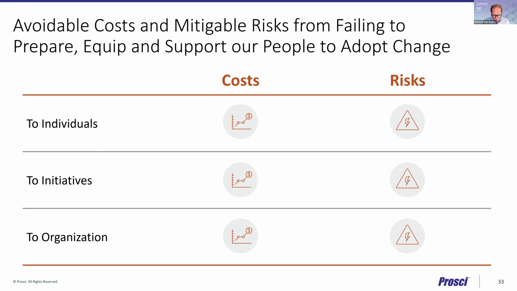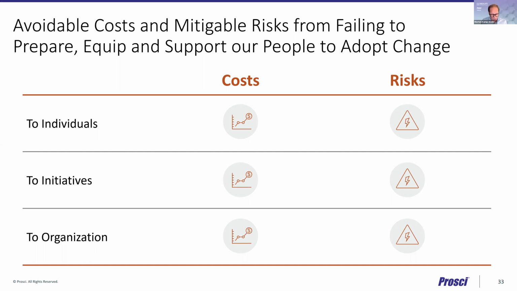We know the flip side is true when we are thoughtful about preparing, equipping, and supporting our people. Then we don't experience these costs and these risks at an individual level. So here we're documenting them, exposing them as costs and as risks, and asking: are we willing to absorb them if we leave the people side of change to chance?